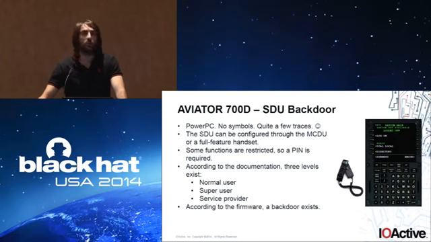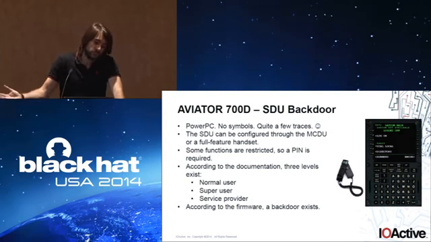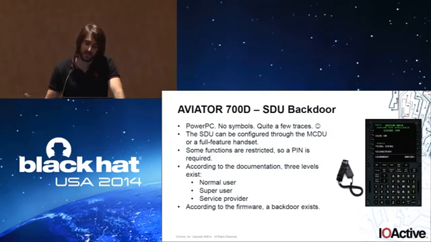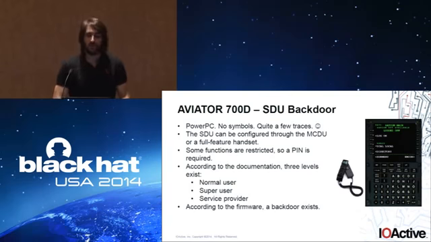It's located in the cockpit, so that's way restricted. It's an attack vector, but if you have physical access to the MCDU, there are quite a few nasty things you can do. So the interesting thing is this SDU can be configured through the full-feature handset, which is more accessible.